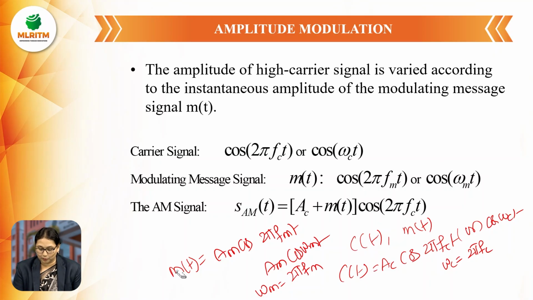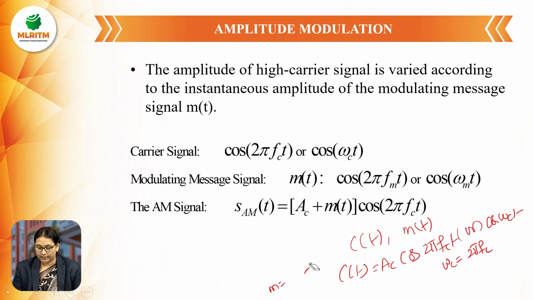And the amplitude modulated signal is given by s of t is equal to Ac plus m of t cos 2 pi Fc t. After modulation, we'll get AM signal as s of t is equal to Ac plus m of t cos 2 pi Fc t.